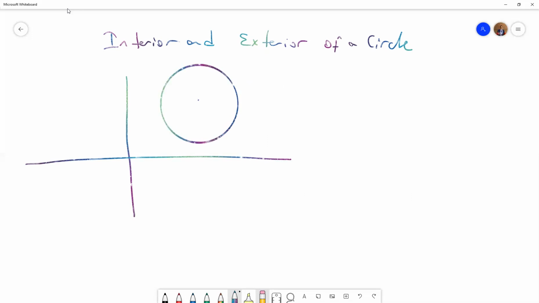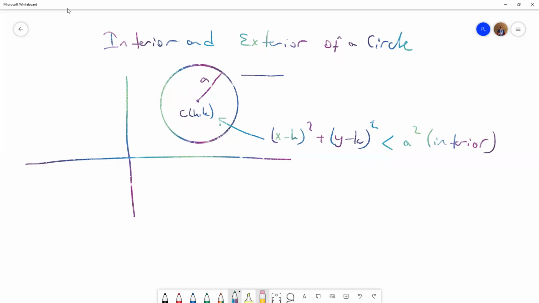And we have also again a center and a radius A. Let's say same point. And we have the interior part like that, (x minus h) squared plus (y minus k) squared less than a squared. This is the interior part.